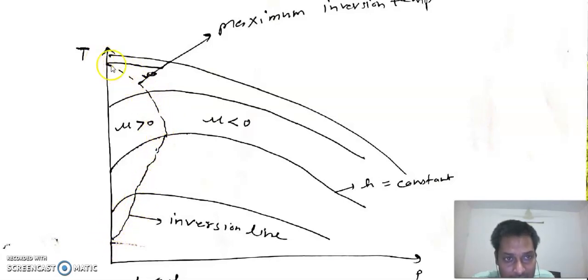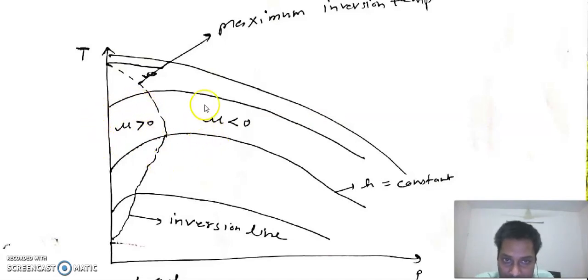Okay, and this line is called the inversion line because at this point the slope changes its value from positive to negative or vice versa. So on the left side of this inversion line, the Joule-Thomson coefficient has a positive value. It means the decrease of temperature will take place due to throttling.